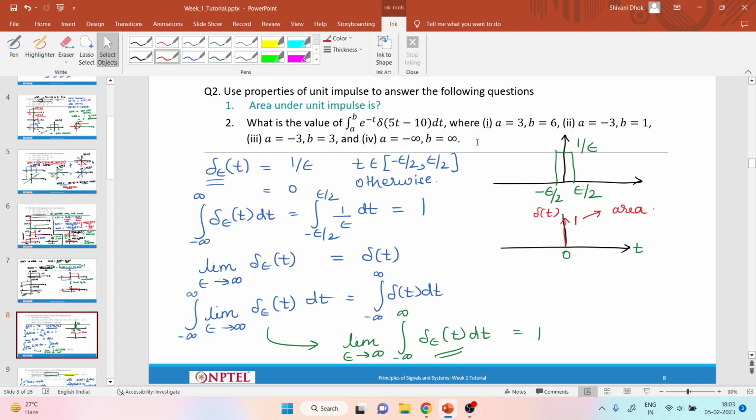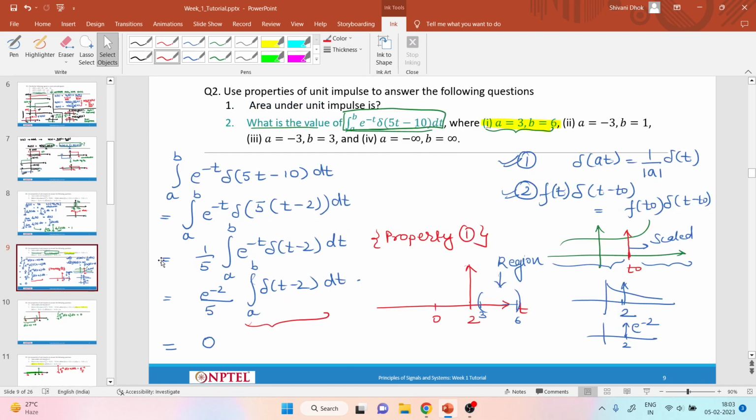Okay, I'll repeat it. If we look at the second question here, we are using two properties of unit impulse.